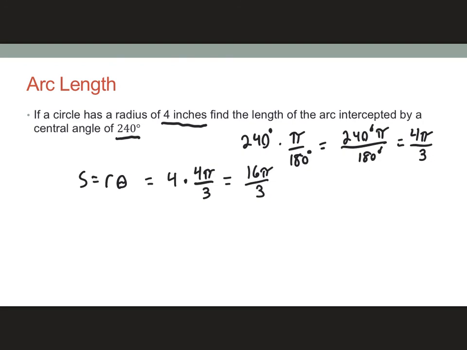And on a calculator, you can simplify 16 times pi divided by 3. And that is approximately 16.76. Now, what is our unit? Since our radius was in inches, our arc length is also going to be in inches. And that was a pretty easy formula to use as soon as we had the angle in radians.